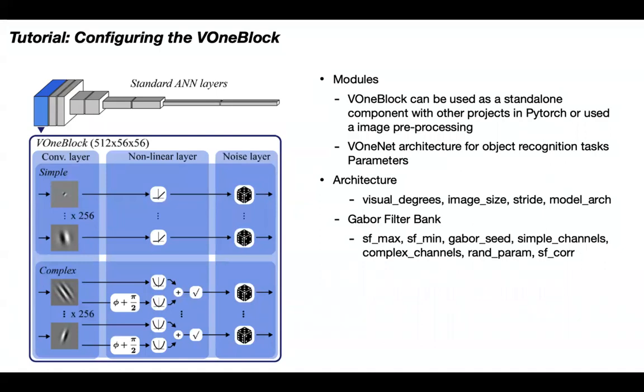And then you can set how many simple channels and how many complex channels the model has. For the models that we've described in the paper, we used for our main model 512 channels that are equally split between simple and complex. We've done some experiments where we changed this between 64 and even 1024 channels.